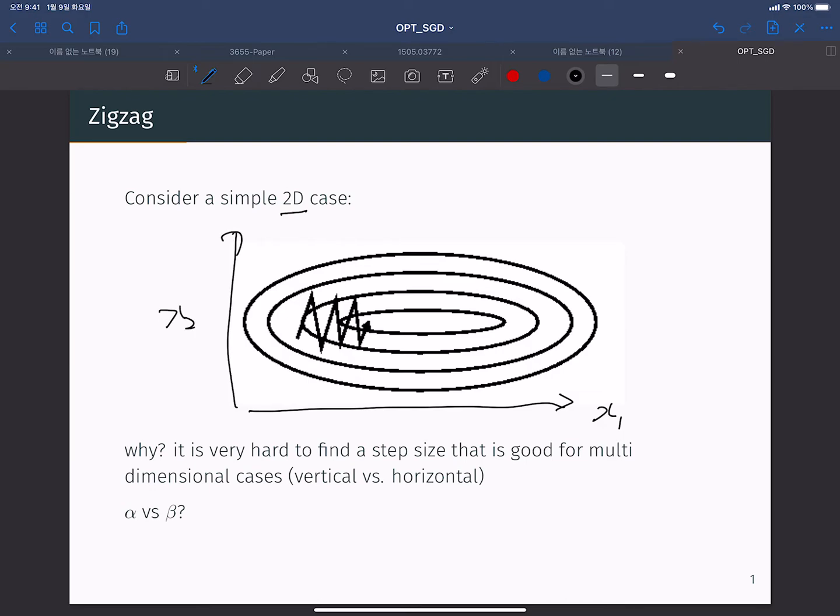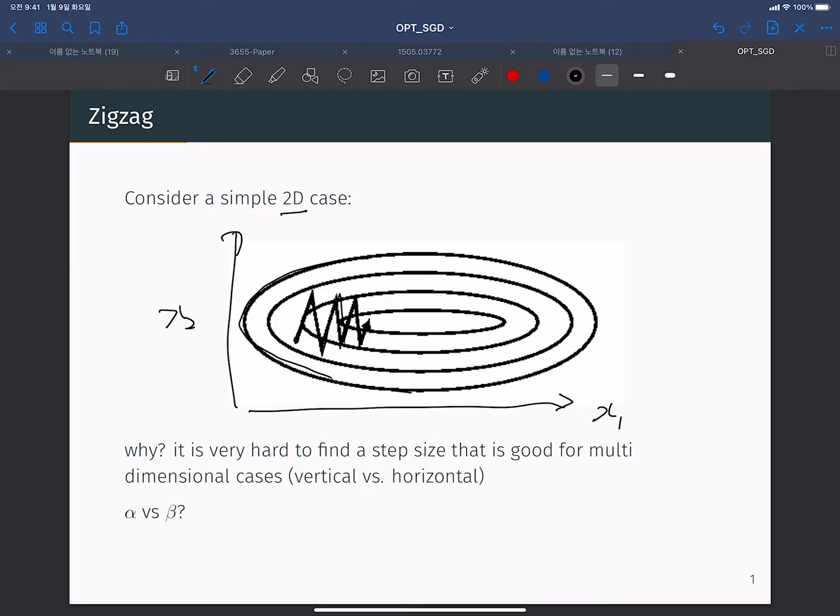And this round curve represents the contour having the same loss function value, and this zigzag trajectory represents the gradient descent path.